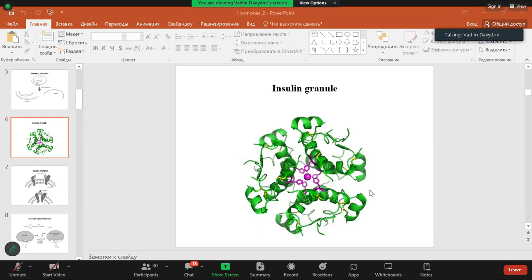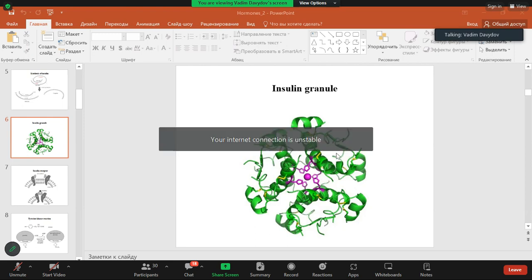Now, about the role of insulin in the blood, the fate of insulin in the blood. My dear colleagues, please note, insulin is secreted into the bloodstream simultaneously with C-peptide. But C-peptide doesn't possess any biological activity.